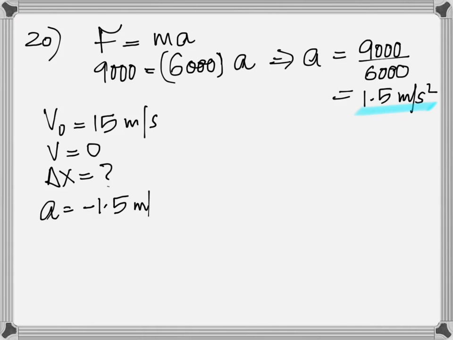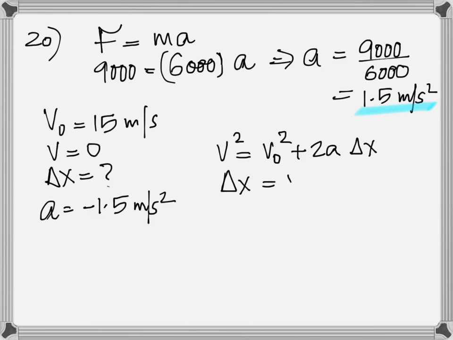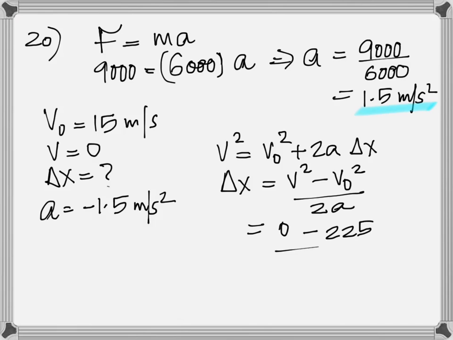And what's the equation? Yes, V squared is V naught squared plus 2AX. Plug in the numbers and find your delta x. Or make delta x the subject. You'll get it as V squared minus V naught squared by 2A. Isn't it? And the answer? 75 meters.